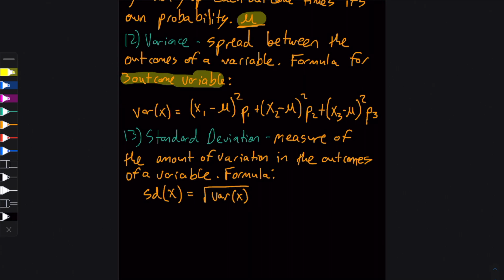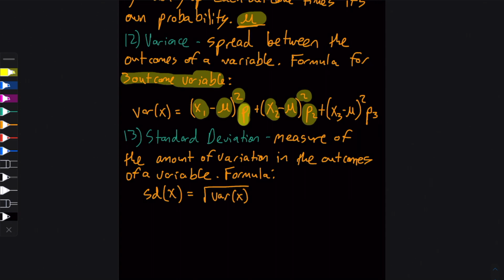It would be the first observation minus the expected value or the mean, mu, squared, and then multiplied by the probability of the first outcome. It's going to be the same for the next: the second outcome minus the expected value squared times the probability of the second outcome happening.